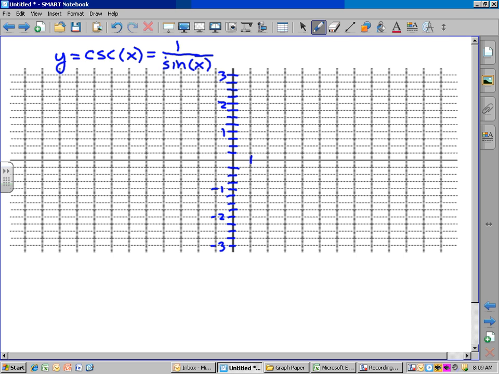We'll stay on increments of 45, pi over 4, out to 2 pi and negative 2 pi. Where does sine start? 0. So at 0 degrees, cosecant of 0 degrees is going to be 1 over 0. So we start with a vertical asymptote on the y-axis.